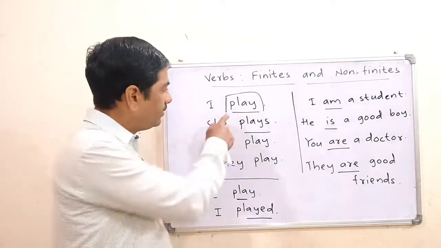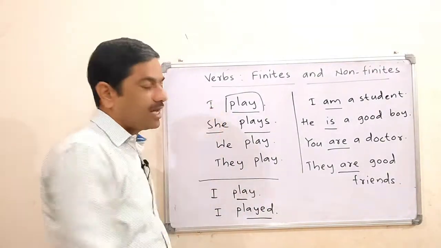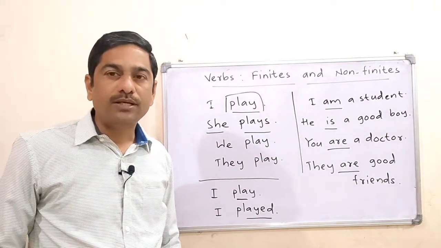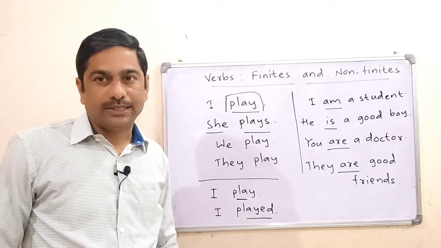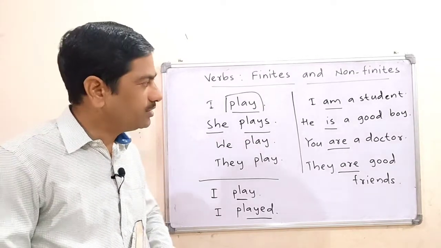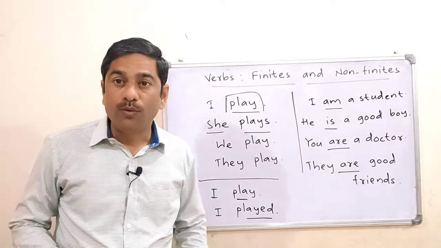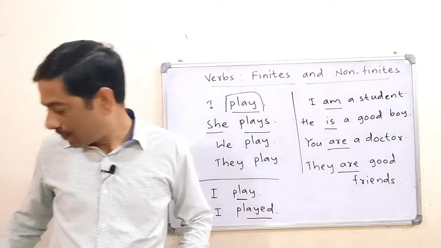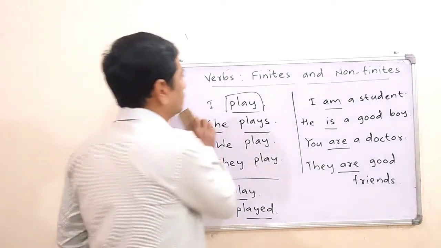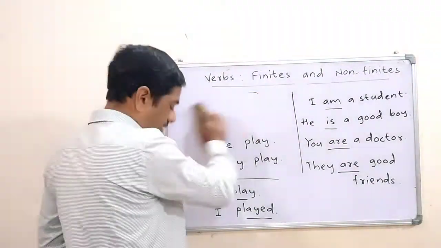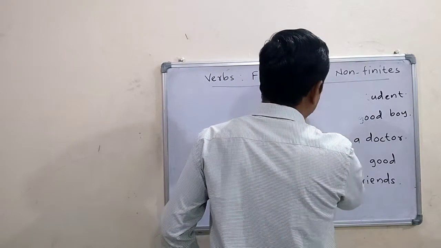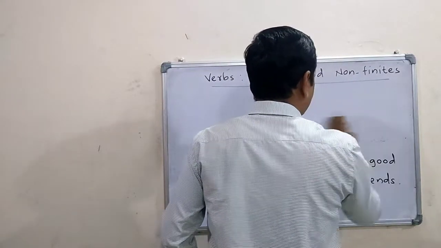Okay, so finite verbs have a subject and their form changes when you change the number, person, or tense, right? So I think you have understood what is a finite verb. Now we will speak about non-finite verbs. All these are finite verbs. The sentences which we studied just now, in all these sentences the verbs are finite verbs.